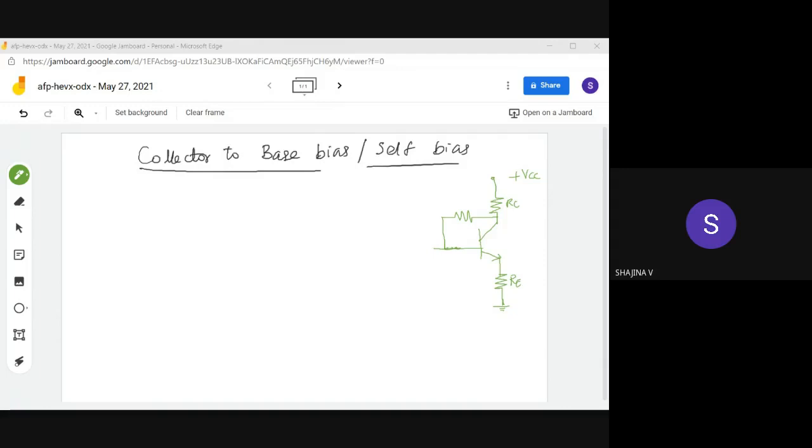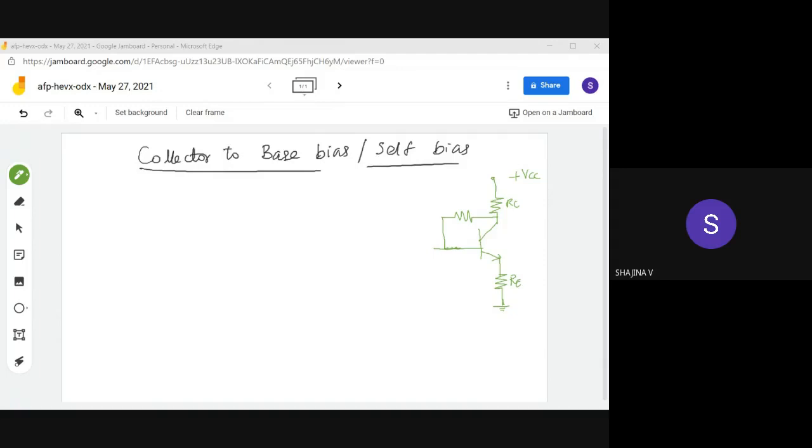Okay. Now coming to the stability factor, that is our S is equal to 1 plus beta divided by 1 minus beta into DIB by DIC.